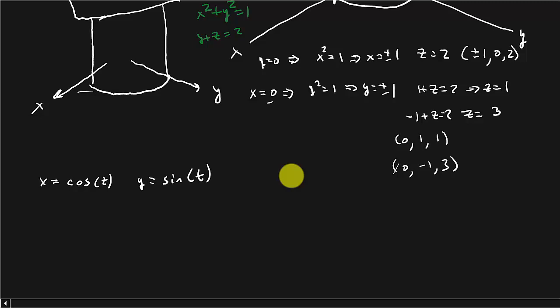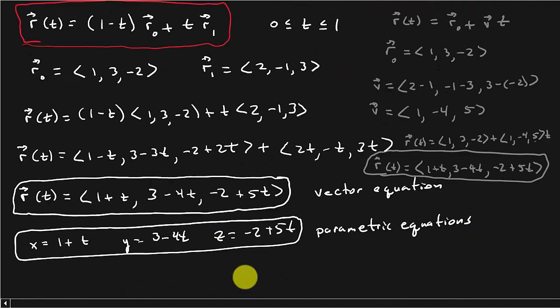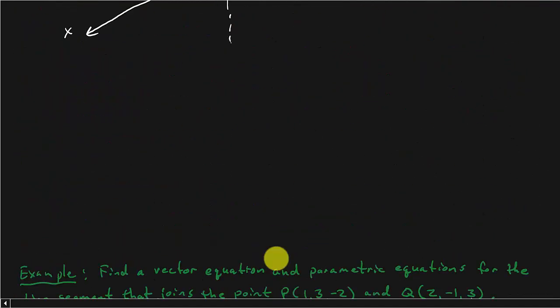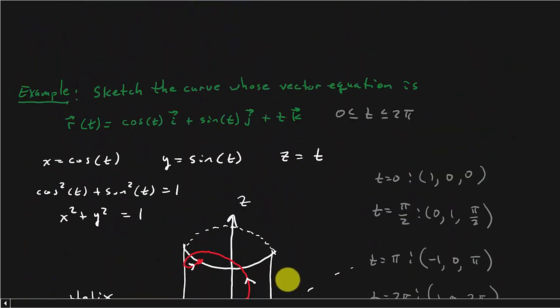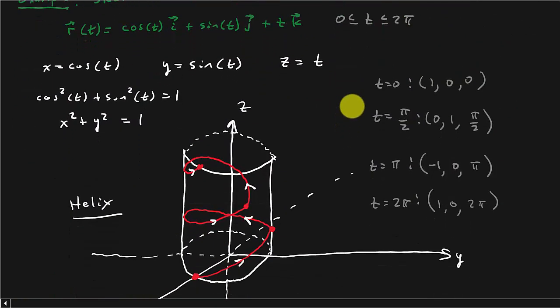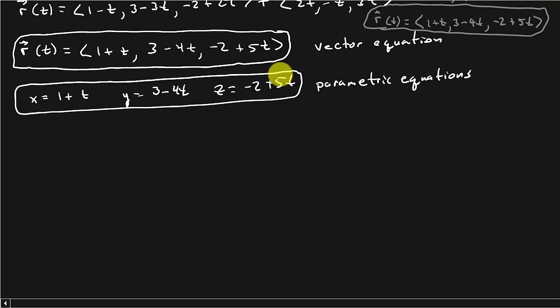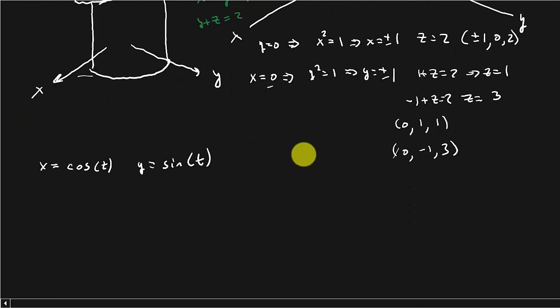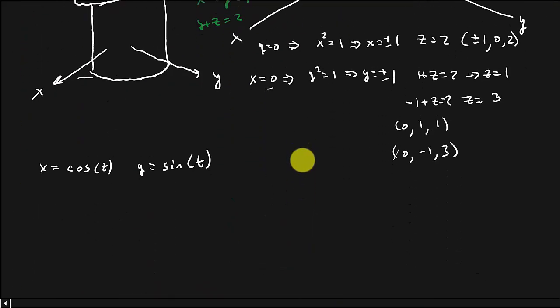All right. And then, remember, we did something up here. Where is it? Right here. See, we had the cosine t, sine t. That was our circle there in the xy plane. Remember that?